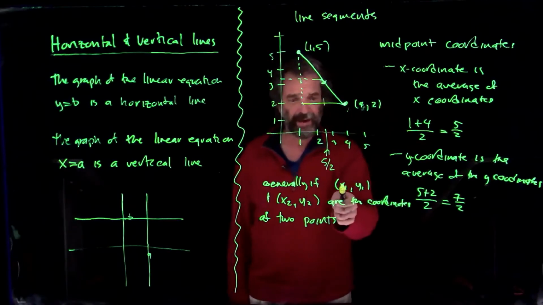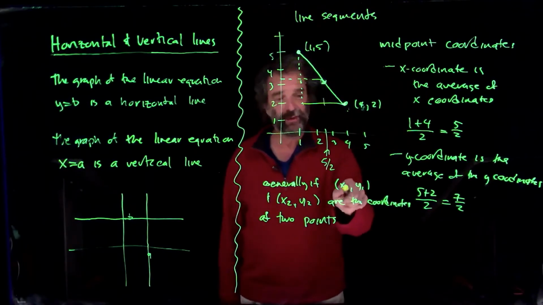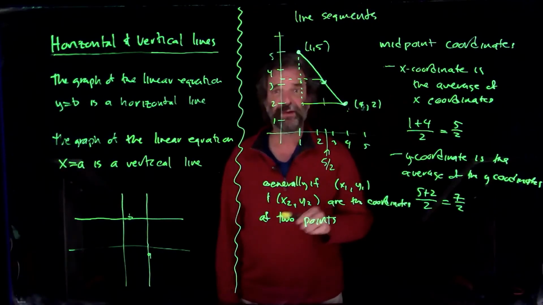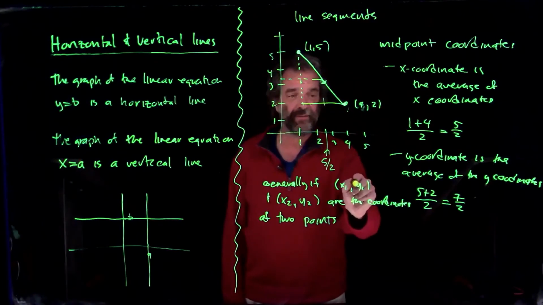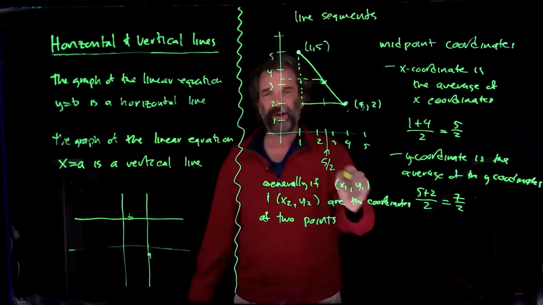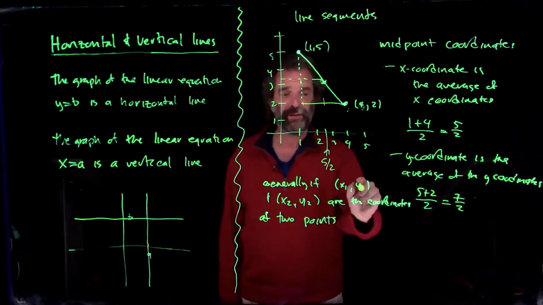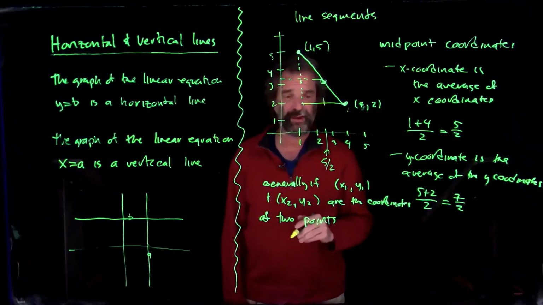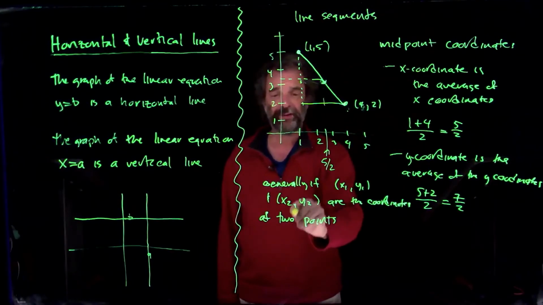So we have x there to indicate it's an x-coordinate. The 1 next to it is to indicate it's the x-coordinate of the first point. Down here I've got y with the 1 next to it. The y is to remind you it's a y-coordinate. And the 1 next to it is just the y-coordinate of the first point. And similar stories here for x2 and y2.